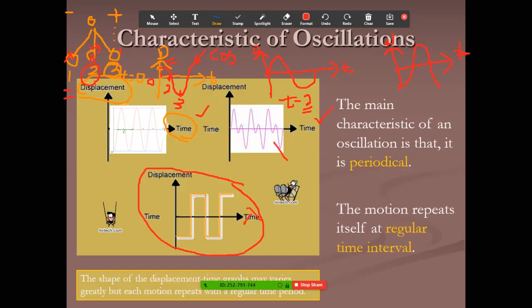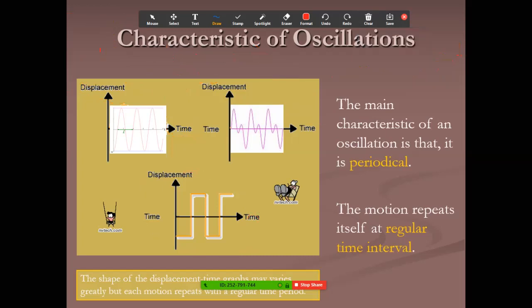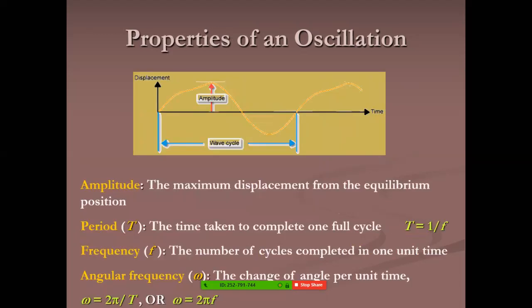We have many types of oscillations, but the one in your syllabus is the sinusoidal one. So this is the displacement versus time graph. Because it's an oscillation, it has properties like a wave, because the origin of wave is actually oscillation.